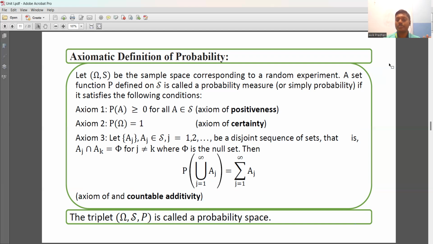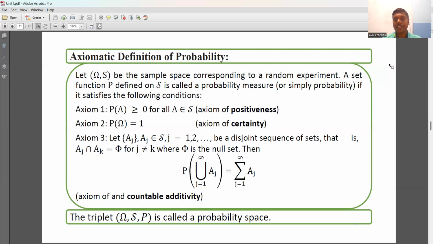This is known as the axiom of positiveness. That means the probability of any event is going to be a non-negative number. The second axiom says that the probability of the set of all possible outcomes is going to be 1. That is called the axiom of certainty.